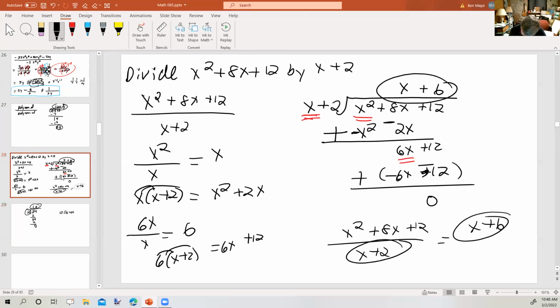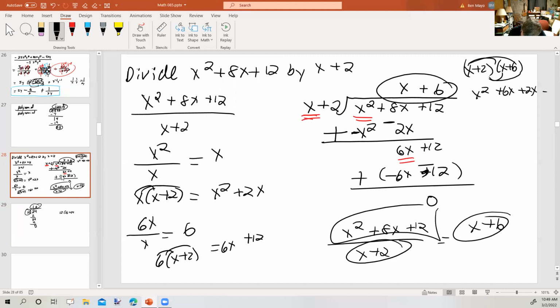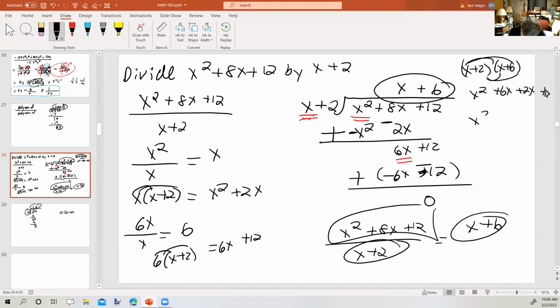This times this should equal that. X plus 2 times x plus 6, x squared plus 6x plus 2x plus 12, x squared plus 8x plus 12. It's a good thing I can write beyond the white space there, huh? And yes. So, yeah. Okay with that? Yes. All righty.